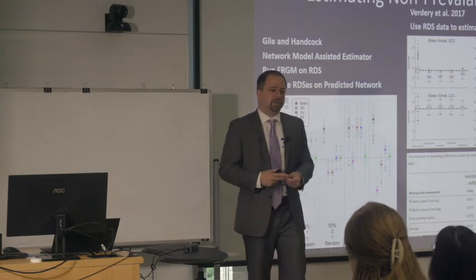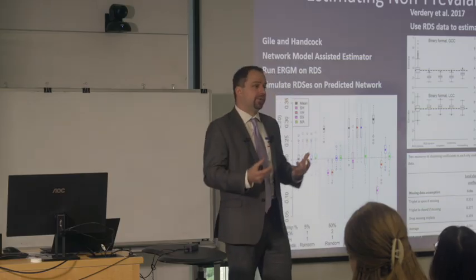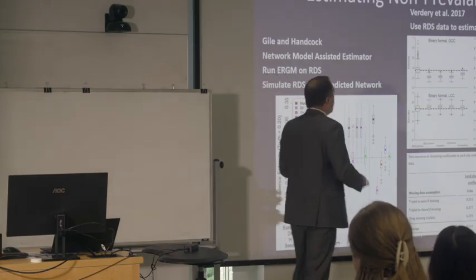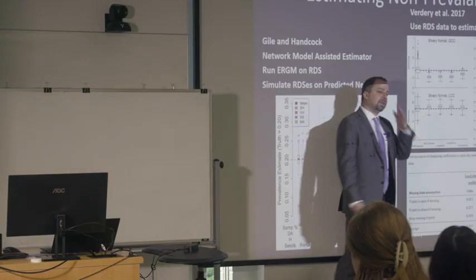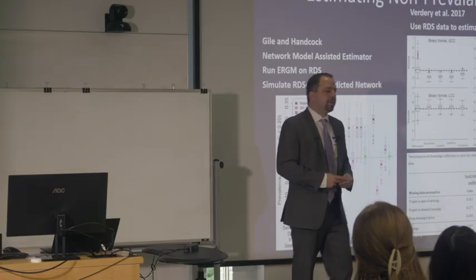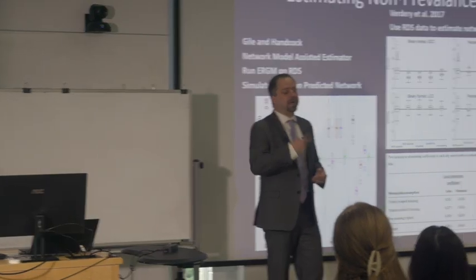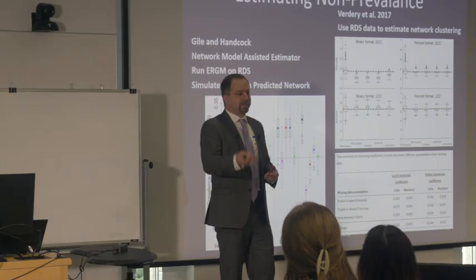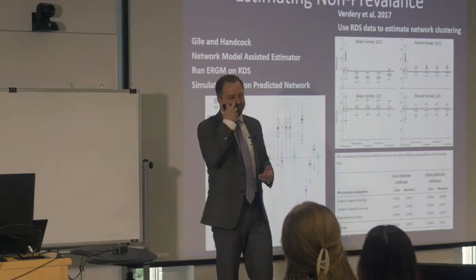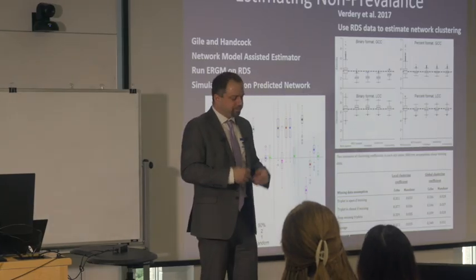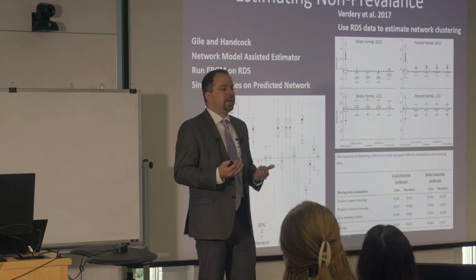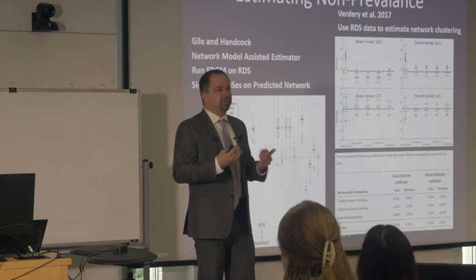I think there are a lot of ways you could use RDS data to learn more about social networks. One that I've tried is estimating the clustering coefficient of different networks. So what's the probability that your friends are friends with each other? That's the classic notion of clustering in networks. If you estimate clustering with RDS, you can use a couple of different methods.